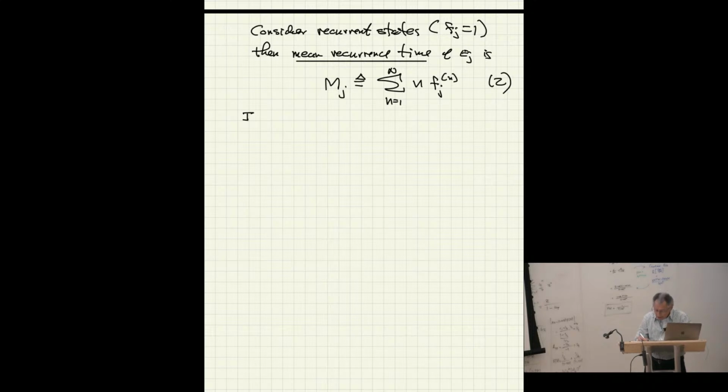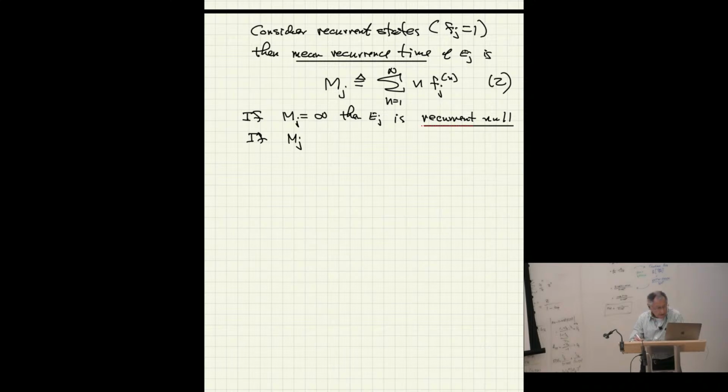Now, I'm almost done. If M equals infinity, then it's still recurrent, but it's a lousy recurrence. On average, it takes you an infinite time to get there. So we say then E_j is recurrent null. If M_j, I'm sorry, there was a j here, I left that out, state j.